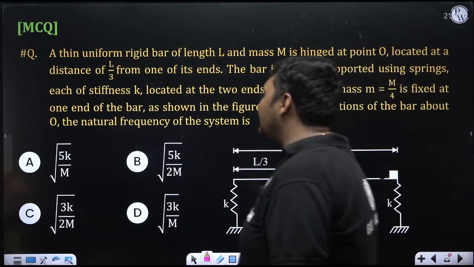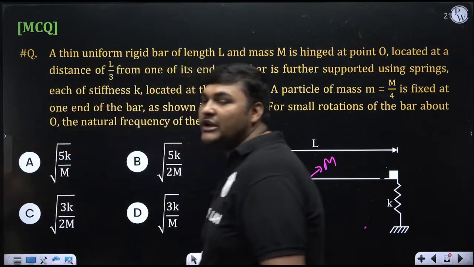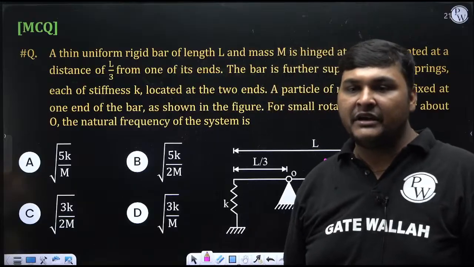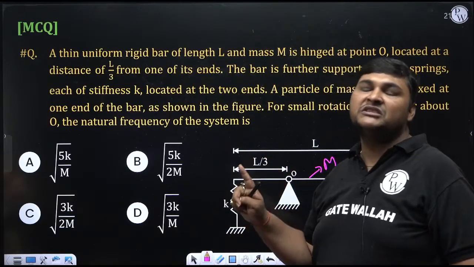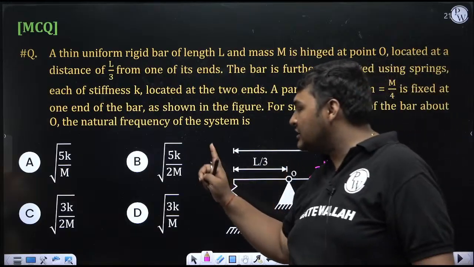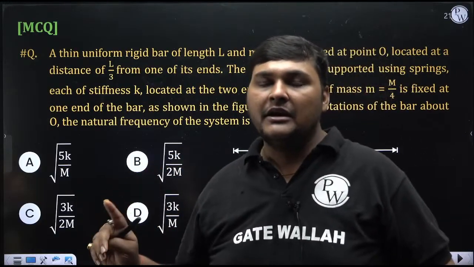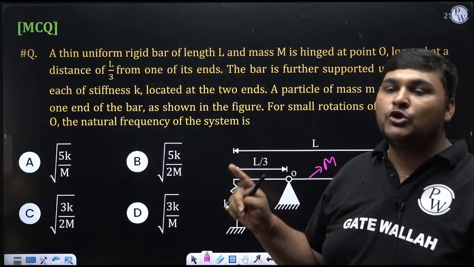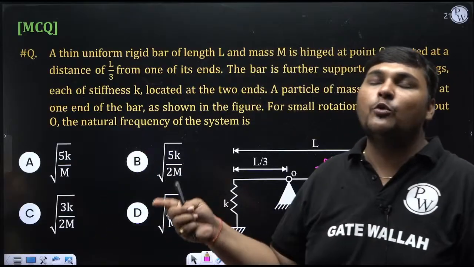Now, whenever the examiner asks for natural frequency but the unit is not mentioned, here the examiner has not mentioned whether we have to calculate in radian per second or hertz. So always first calculate in radian per second. If the answer in radian per second is present in the options, just think the examiner is asking radian per second and tick that. But if that option is not present, then assume the examiner is asking in hertz. Then calculate frequency in hertz, which will be omega n upon 2 pi.